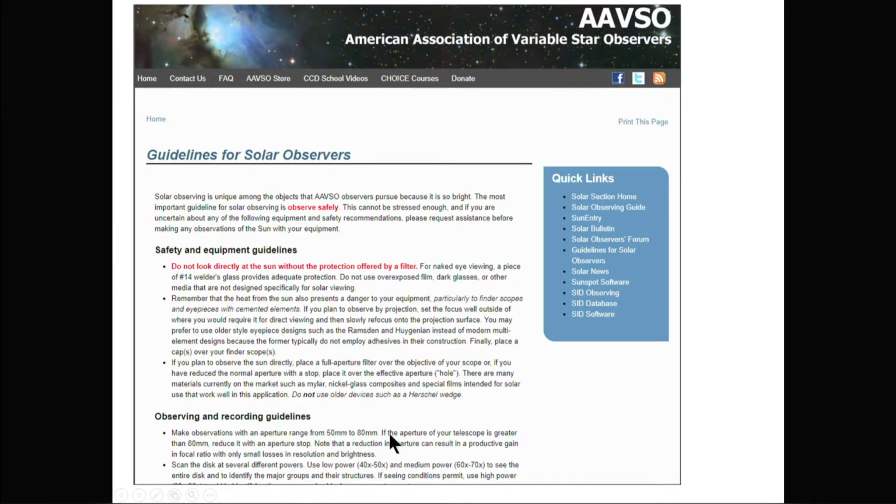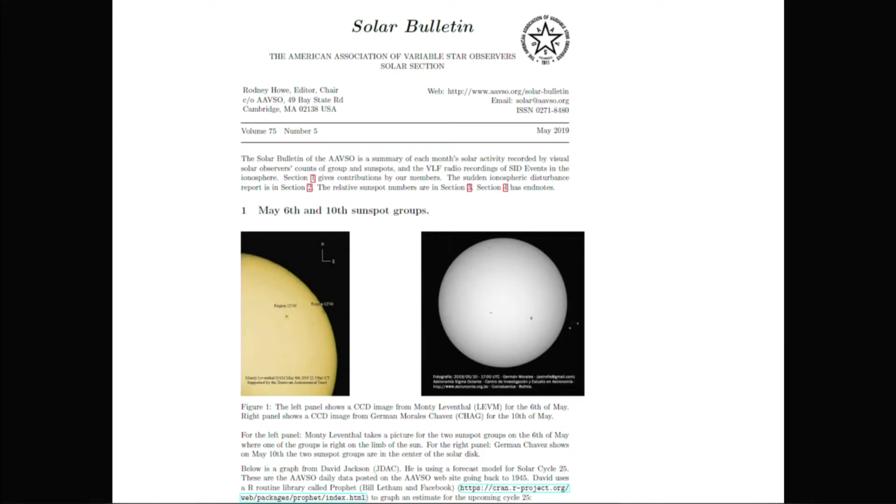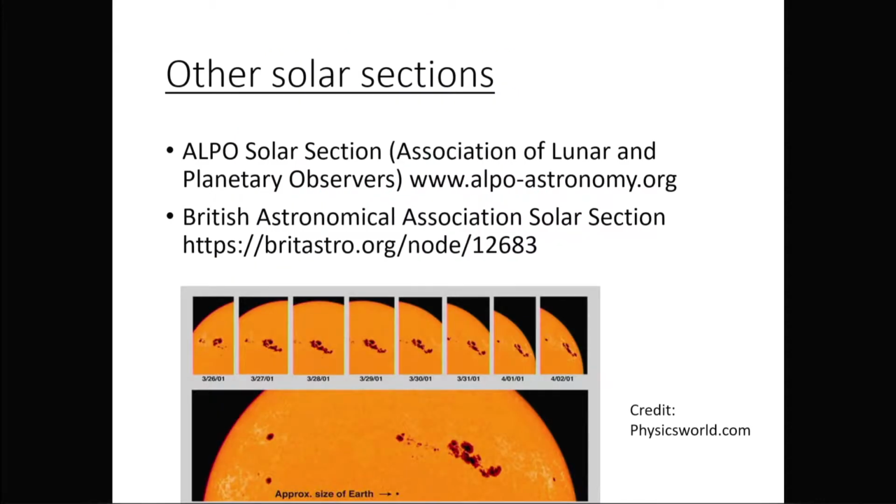So if you're not comfortable with some of the details, they're explained fairly well on the website. So a lot of good resources are available on the website there. I mentioned the Bulletin, so just another quick mention of the monthly Bulletin. It's free. Just look under the solar section and follow the links to the Bulletin.